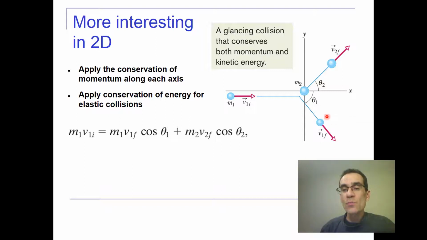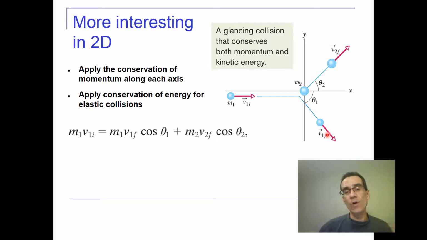That would be the linear momentum of this particle. But we are now looking just at the x component of that. If you multiply that magnitude by the cosine of theta 1, which we don't know a priori, that would be the x component of the linear momentum of particle 1 after collision.